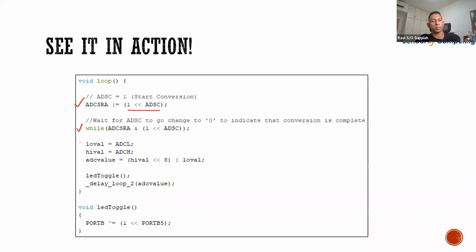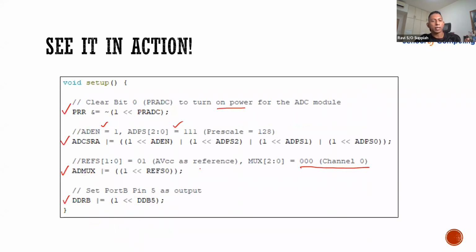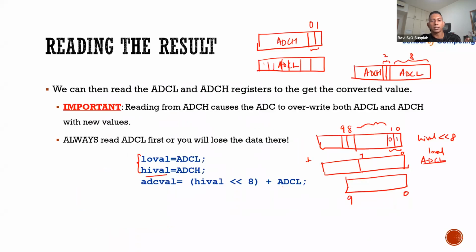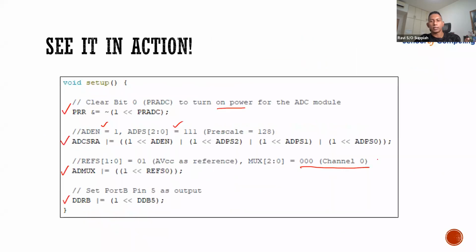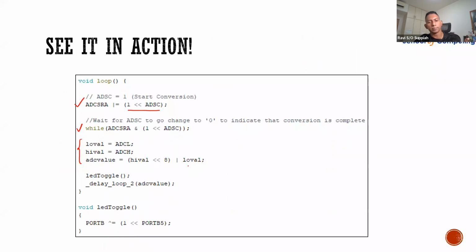Then I come to this line, where we are reading the values. Let me go back to highlight this. I think there is a typo here: this should be low value, because you already read the low value from the ADCL register, not ADCL. So that is correctly shown here in the code.